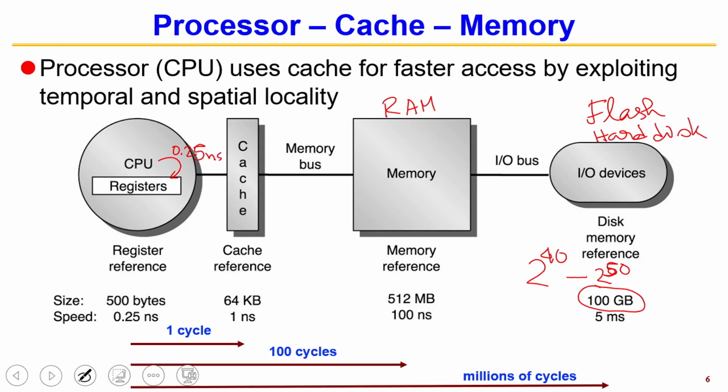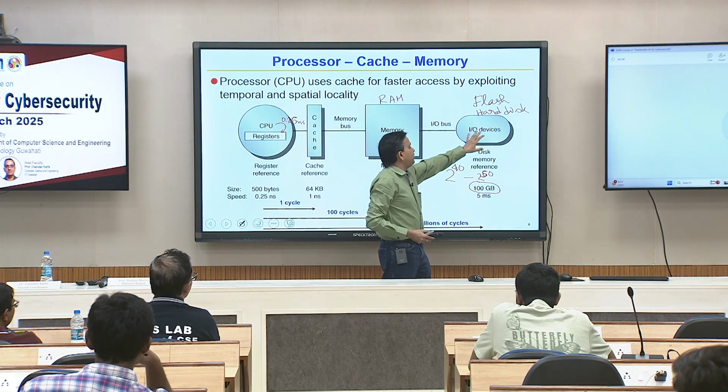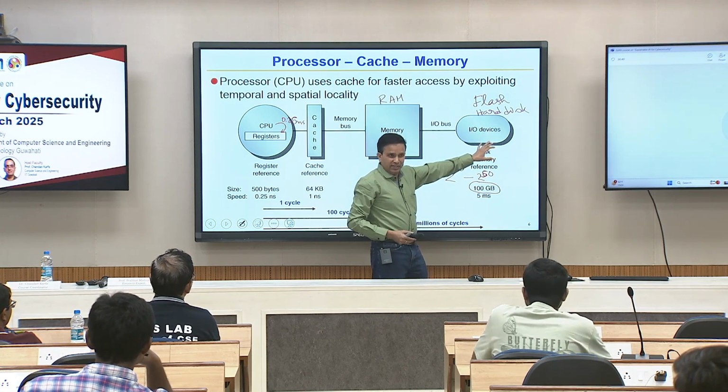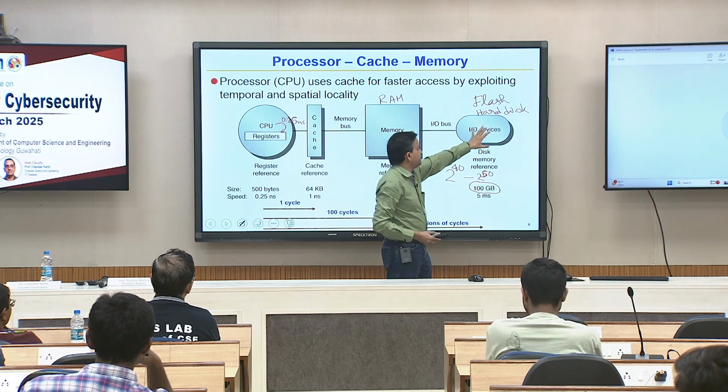This point is important for my attack: if something is in the cache. Initially there is nothing in the cache, the program is also in the hard disk where you stored it, and even your initialization data, everything is here.